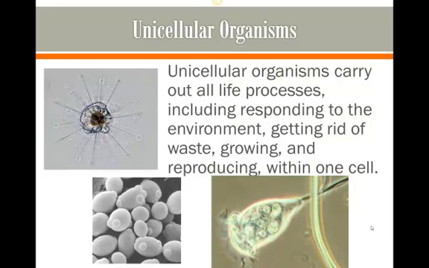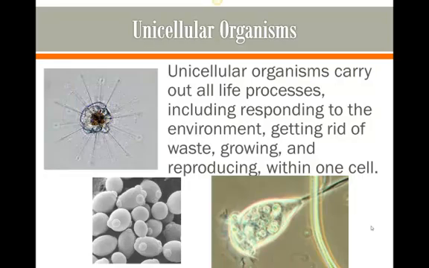If you have an organism, which means a complete living thing, and it is only composed of one cell, that means that one cell has to be able to do all of the life processes. It has to do everything because there aren't any other cells.